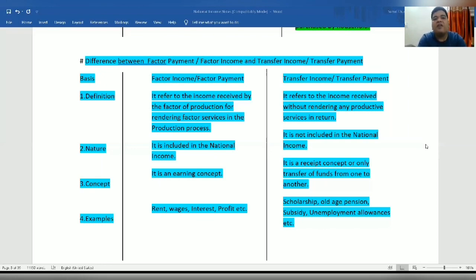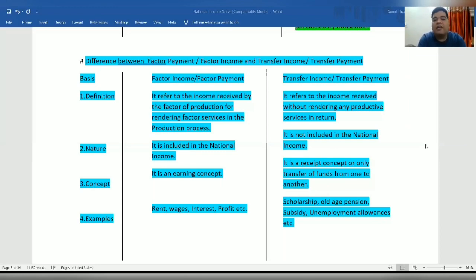So the first thing that we have to understand is that factor income refers to the income received by the factor of production for rendering the factor services in the production process.